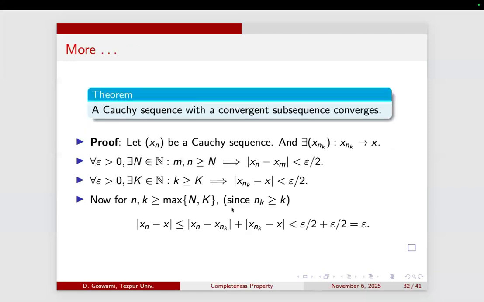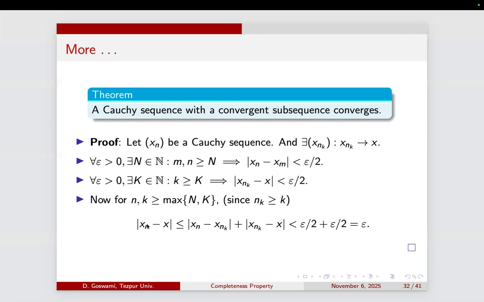Another property is that a Cauchy sequence with a convergent subsequence converges. So if I want to show a Cauchy sequence converges, all I have to do is find a convergent subsequence. Again, the idea is roughly the same.